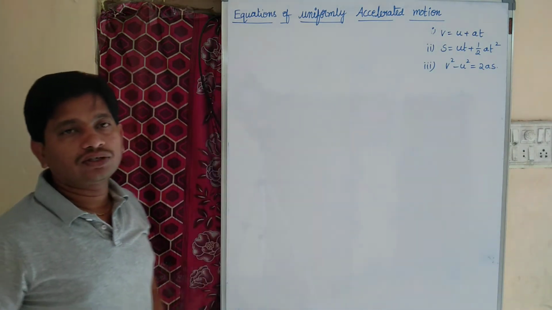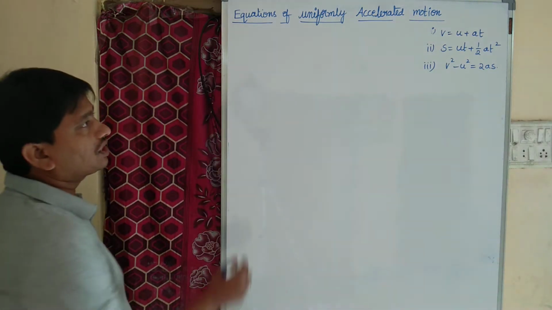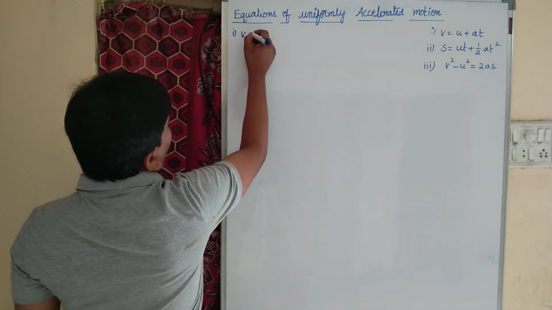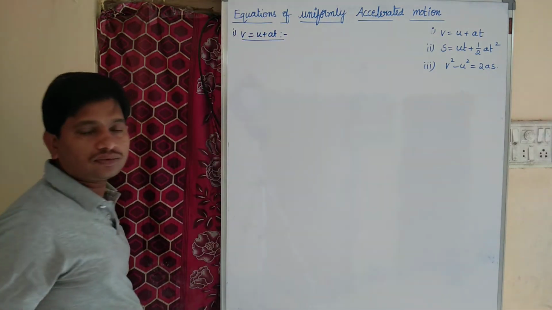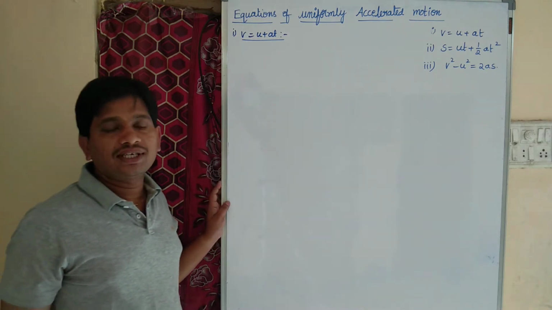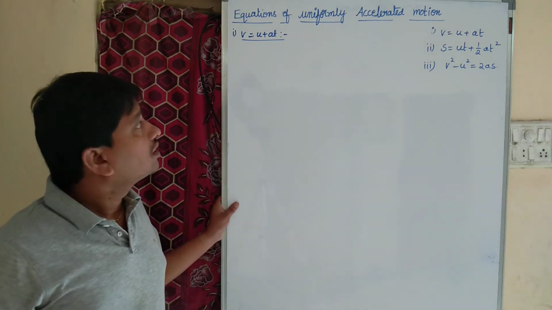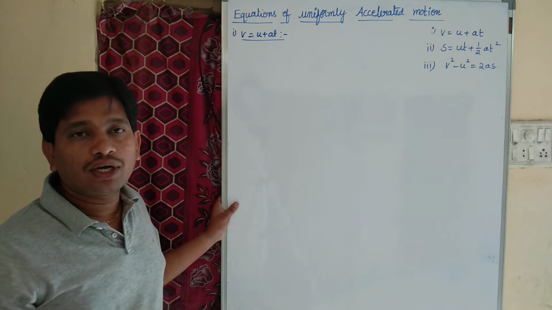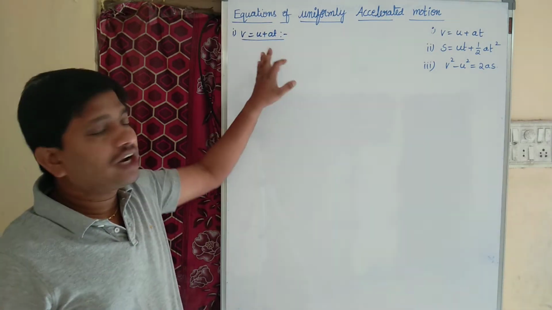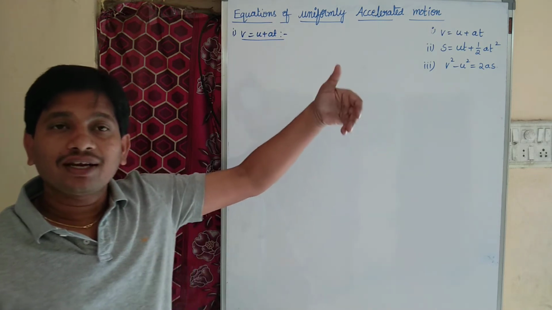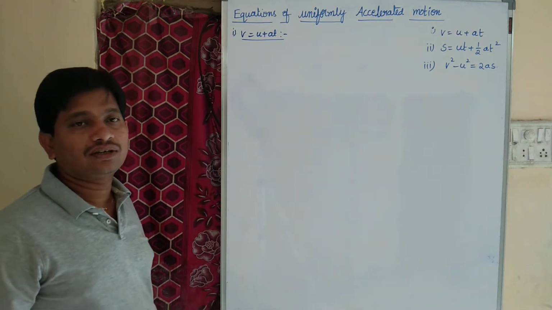So first let us learn the first equation of motion, that is called v equal to u plus at. This equation tells us the velocity acquired by a body in a time t. Right?